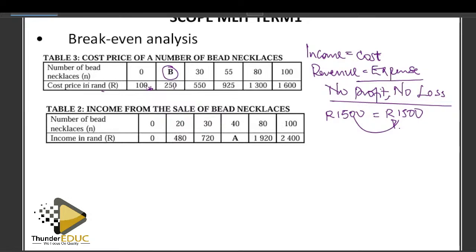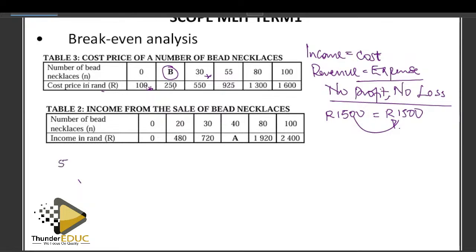You have to ask yourself, there's a certain number that is being added on to get the values. So first and foremost, we have to create the formula. Simply meaning, if I have 30 necklaces, it costs me 550.